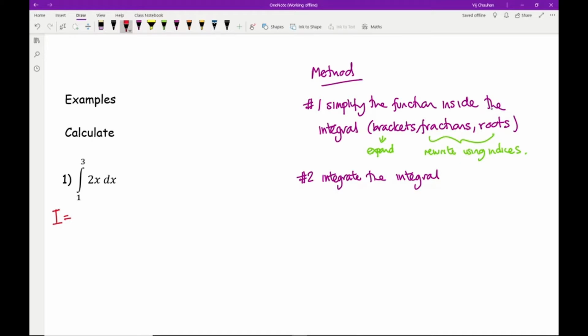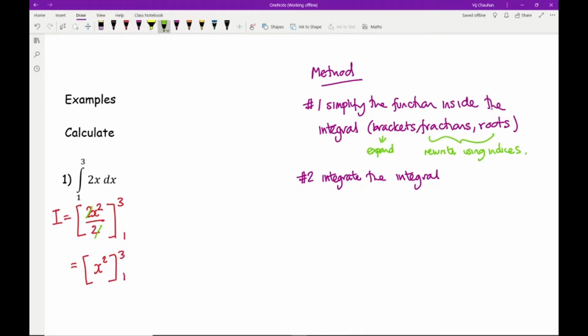Now here all I'm going to do is integrate 2x, in which I get 2x squared over 2. Now because I'm working with limits, I put it in square brackets, and I've got the limits of 3 and 1. And what I'm now going to do is simplify that, in which the 2's cancel, leaving me with just x squared and then I've got the limits of 3 and 1. So that is step 2 done and dusted.